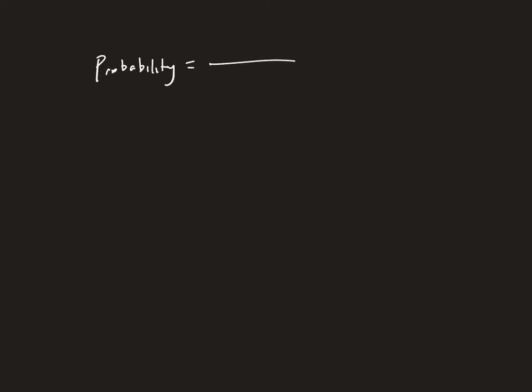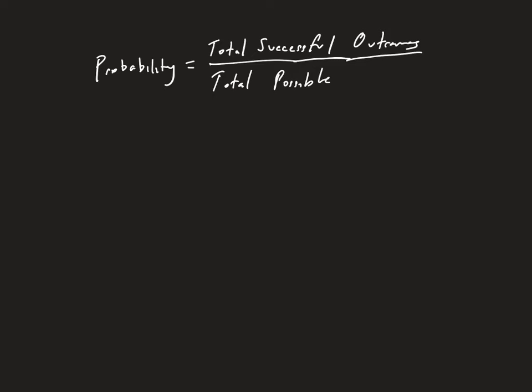Below the line is the denominator. So in the top of our fraction, we would write successful outcomes, and I'm going to explain what that means. Sorry for the terrible handwriting. And the bottom says total possible outcomes. So it'll be a lot clearer when we do an example.